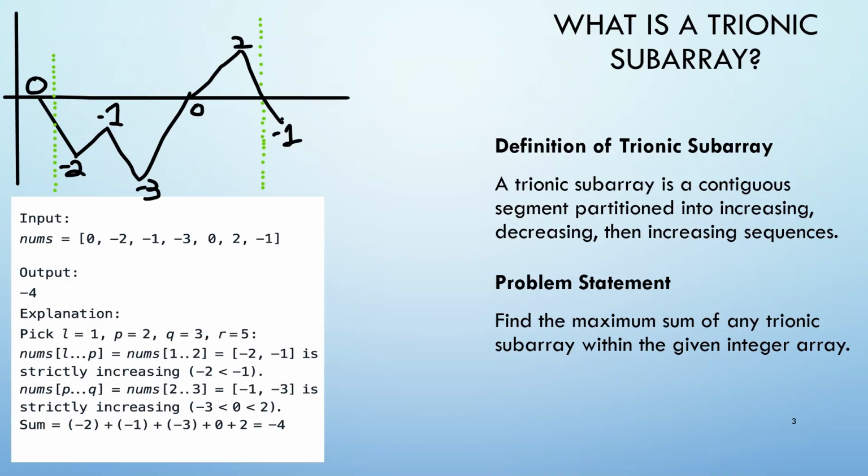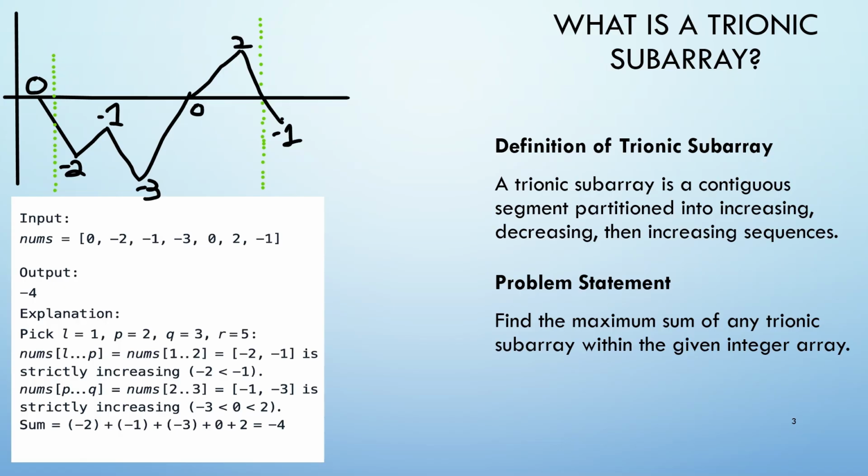Let's focus on the subarray that is bound between the two dotted lines: -2, -1, -3, 0 and 2. We can clearly see the first part is increasing, second part is decreasing and third part, which is -3 to 2, is increasing. And the sum of the total subarray is -2 plus -1 plus -3 plus 0 plus 2, which is -4.